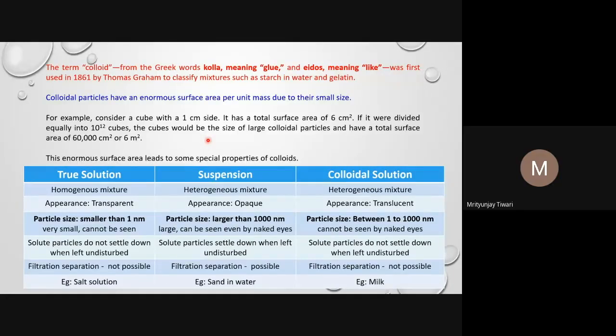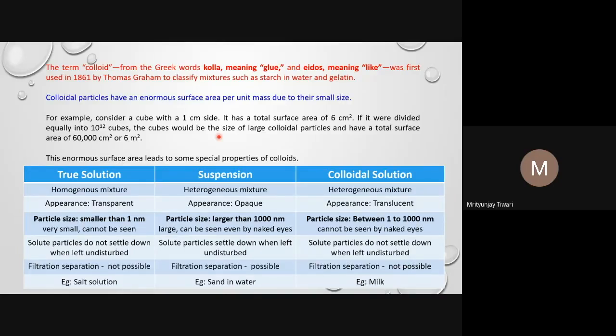Now one can get the surface area of each smaller cube. The area of one face will be length into width, A squared, which is 10 to the power minus 4 centimeter into 10 to the power minus 4 centimeter. So it will be equal to 10 to the power minus 8 square centimeter. Since each smaller cube has six faces, the total area will be 6 into 10 to the power minus 8 square centimeter.